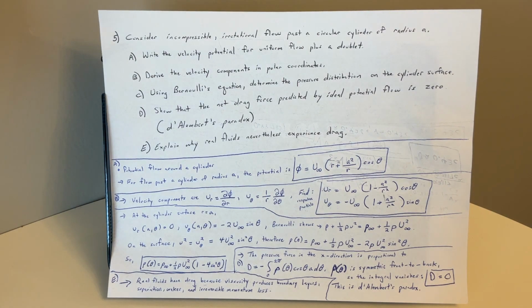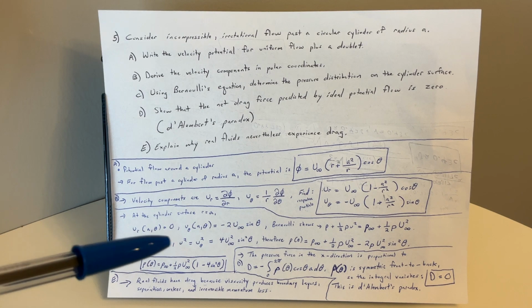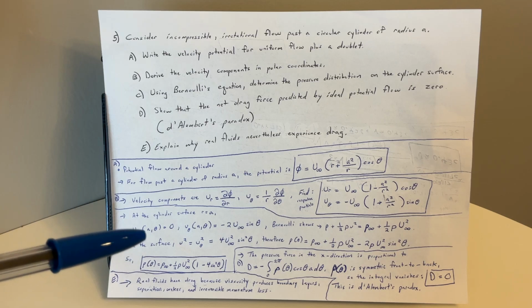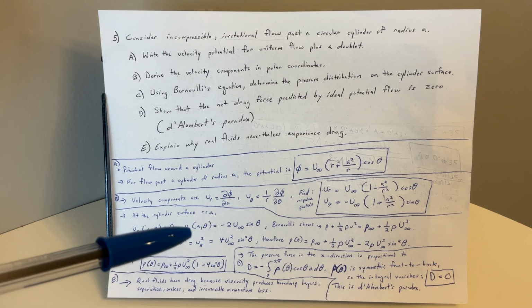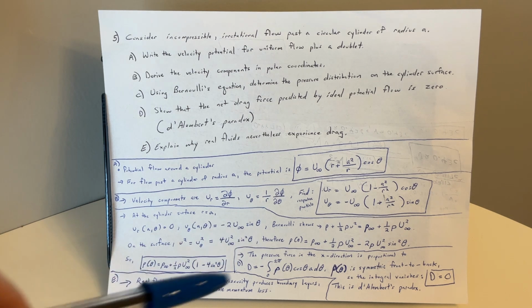Part C, using Bernoulli's equation, determine the pressure distribution on the cylinder surface. Here at the cylinder surface, r equals a, u_r(a, theta) equals 0, and u_theta(a, theta) equals negative 2 U infinity sine theta.